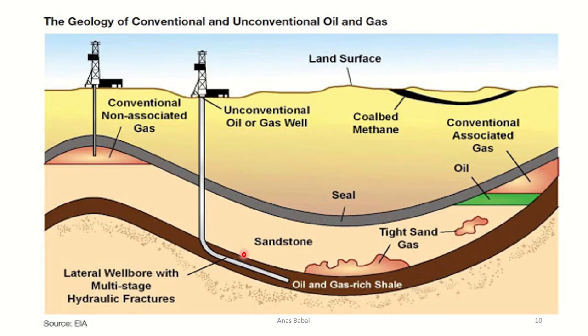So we get a picture of the same conventional and unconventional reservoirs. As we see, the drilling through an unconventional reservoir is always horizontal. We go for horizontal drilling, and the reason for that is to increase the surface area.